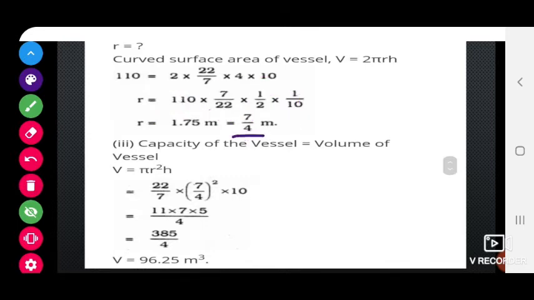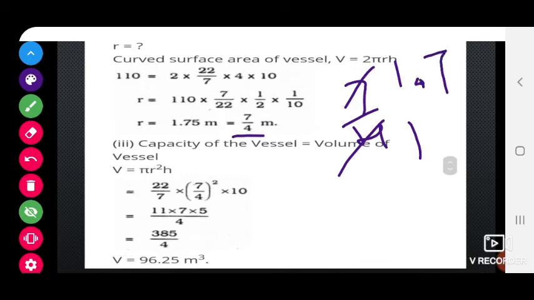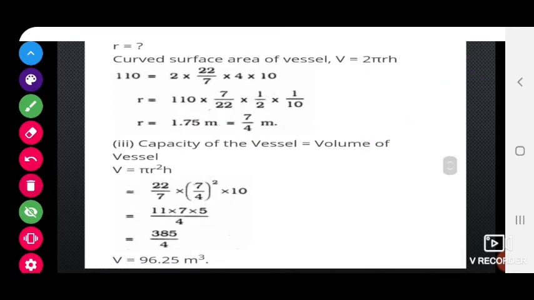If we do the division, 4 ones are 4, the remaining is 3. So 30 means 4 7s are 28, 2 remaining. 20 means 4 5s are 20. So 1.75 meters.